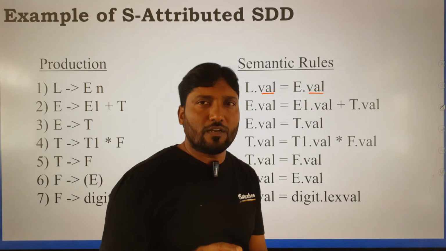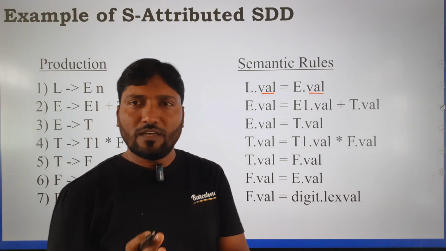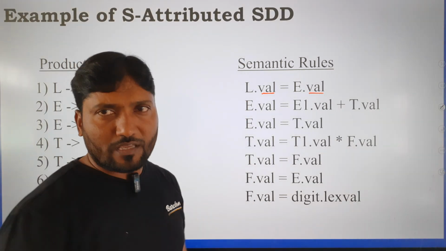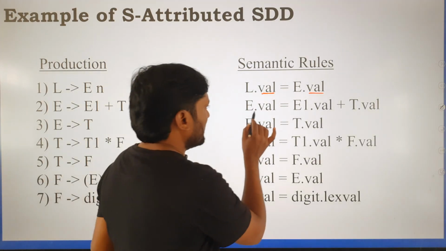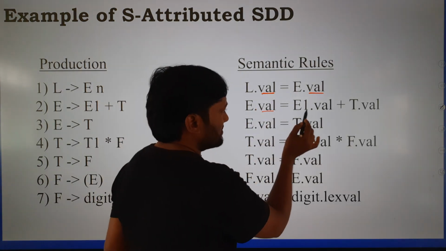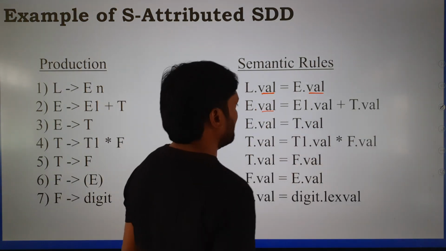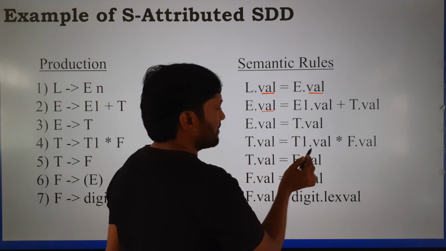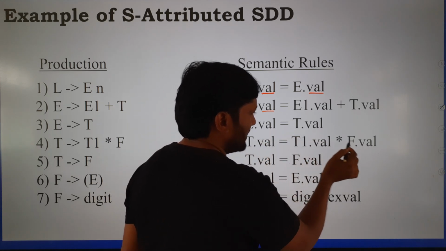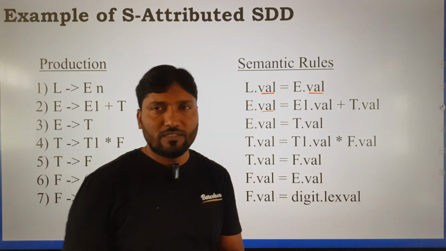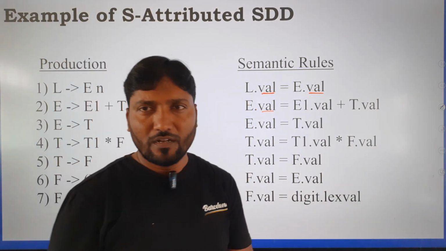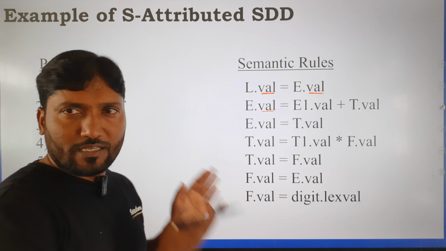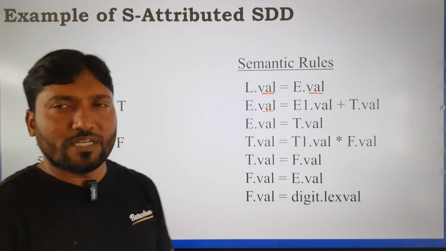That means, for each and every symbol we must add the attribute value for the given set of productions. E dot value derives E dot value plus T dot value. E dot value derives T dot value. T dot value derives T dot value times F dot value. Likewise, we have to assign attribute values for each and every grammar symbol in the productions.